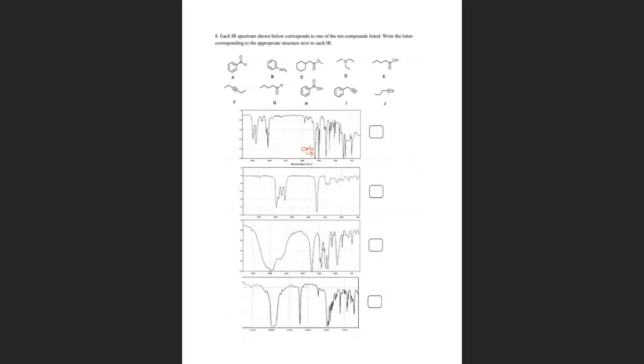The numbers are a little bit difficult to tell, I apologize for that, because it's zoomed out, so it's difficult to tell exactly like 2700, 2800, etc. But hopefully when we put everything together, we can use process of elimination since this is kind of multiple choice. We do have an amine here. What kind of amine do we have? Yes, primary amine, that's perfect. Okay, so based on this information, is there anything that we see that could match what we have?